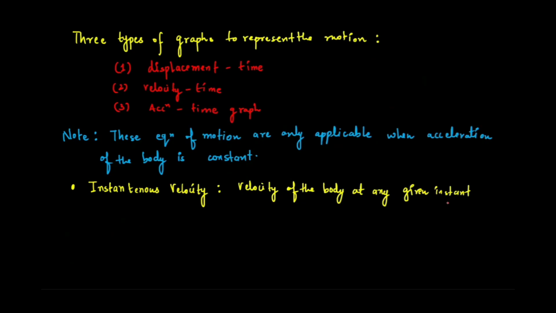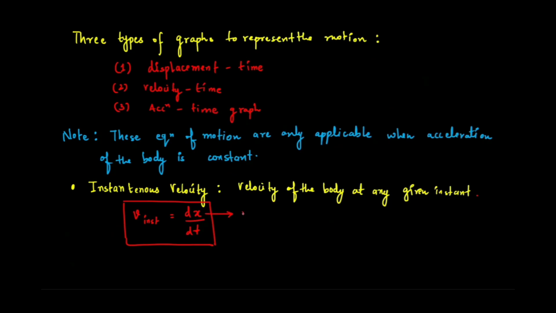Now, how are we supposed to find that instantaneous velocity? V instantaneous is nothing but dx by dt. Now, what does this whole thing mean?